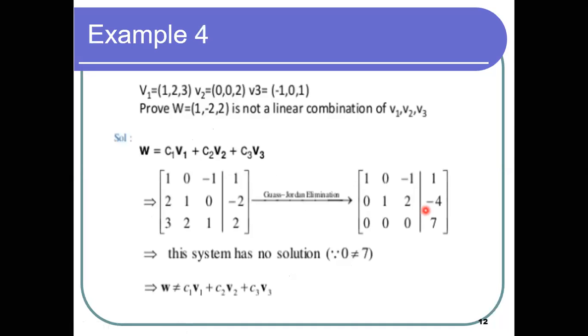Let me elaborate another example: whether W can be written as a linear combination of these three vectors. So let W be C1 V1 plus C2 V2 plus C3 V3.